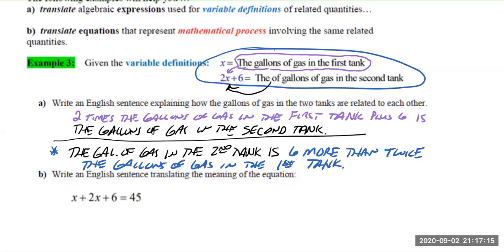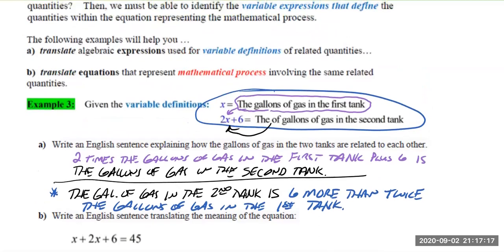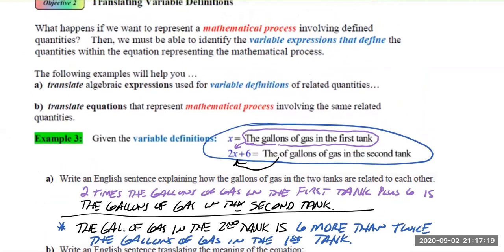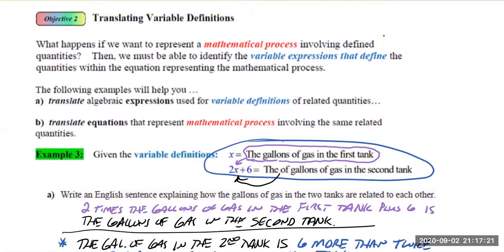Now, the next type of translation that we need to look at is a mathematical process. Is there some kind of mathematical process that involves the defined quantities? We must be able to identify the variable expressions that define the quantities within the equation representing the mathematical process.